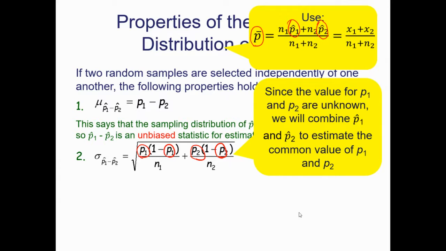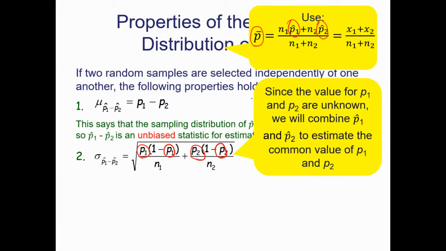I put both versions because depending on what the problem gives you would depend on which version you use. If they give you P hat 1 and P hat 2, then you'd need to use the first one. Now I actually changed this to favor dual credit. P bar is what's used on y'all's formula chart, so I changed it to reflect that.